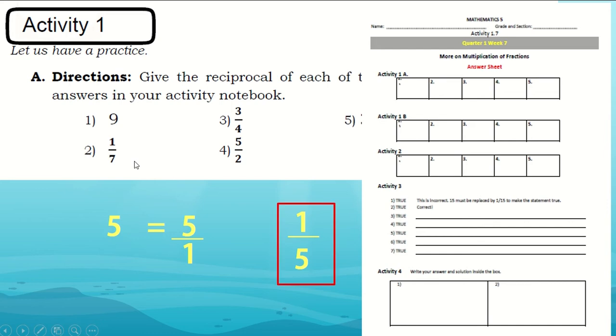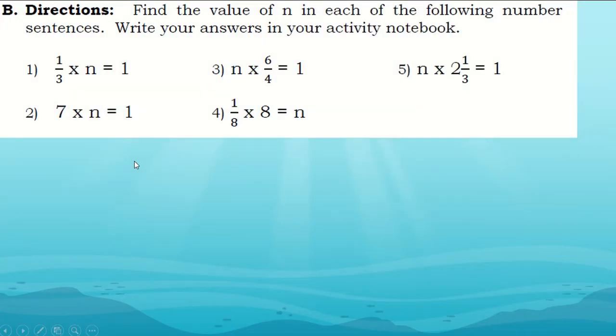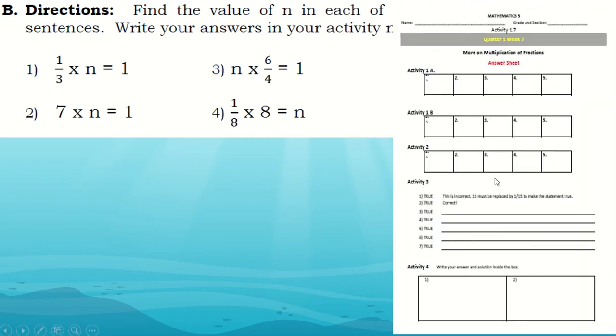Okay. So, for activity 1B, find the value of n in each of the following number sentences. Write your answer on your activity notebook. So, dito yan, sa activity 1B. For example, number 1: 1/5 times n equals 1.